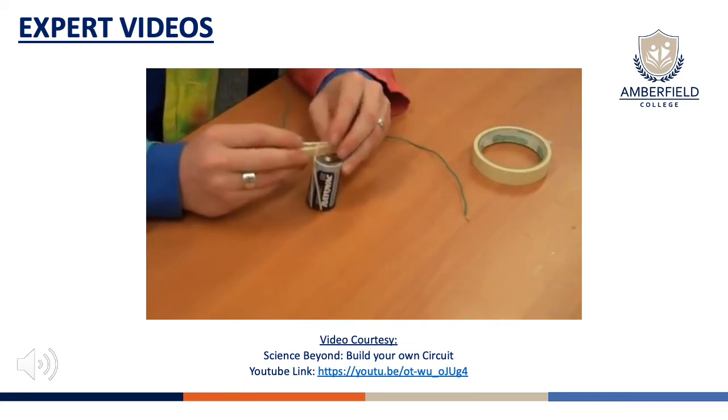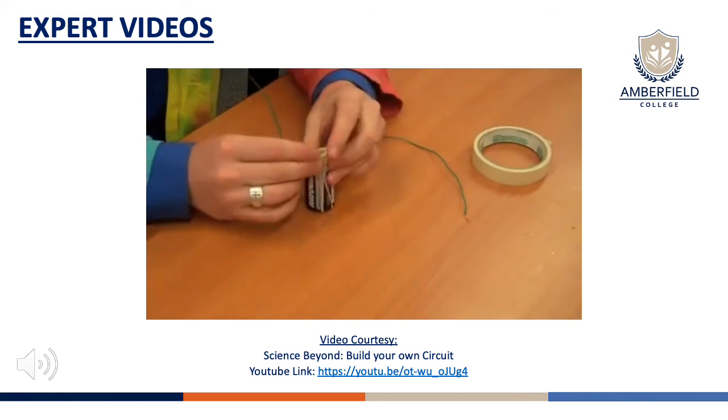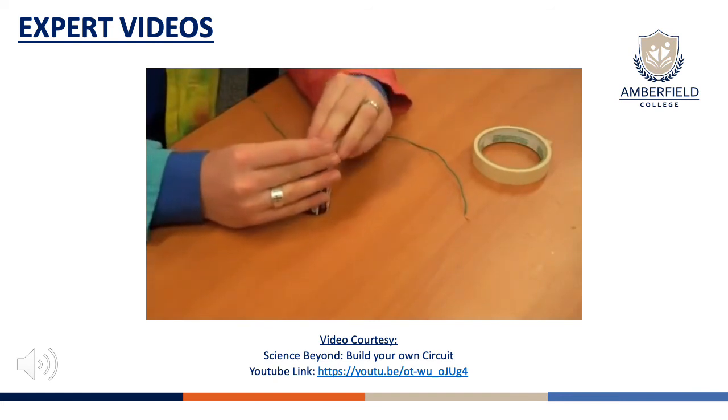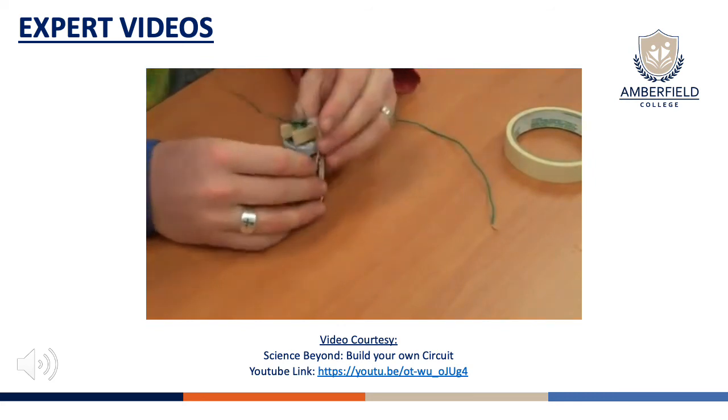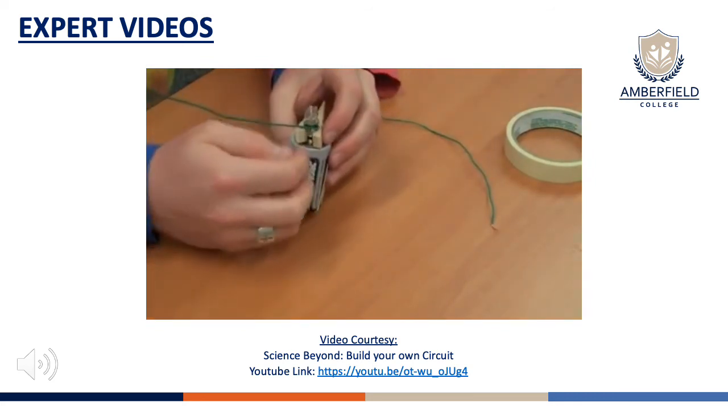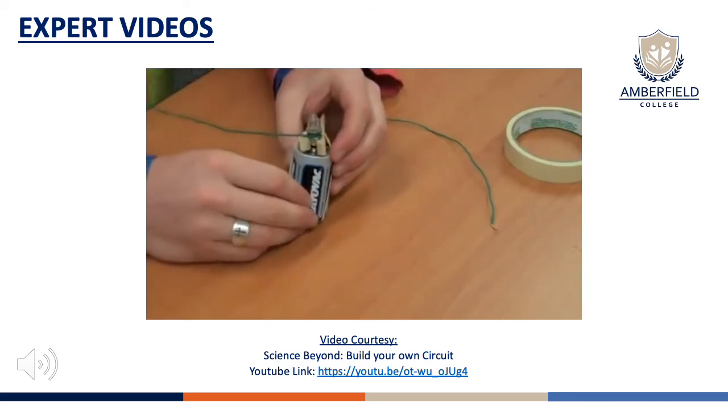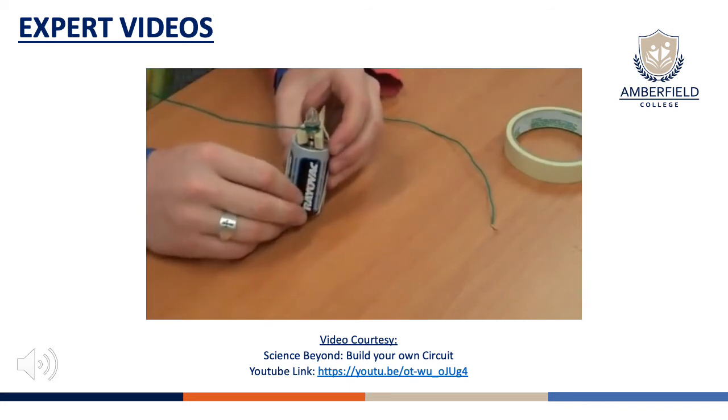It's best when your light bulb does not come undone. So when you are done, you want to make sure that your light bulb is sitting right on top of that positive nub of the battery.